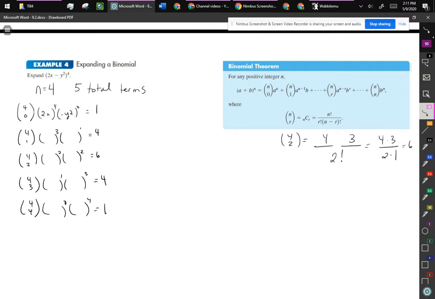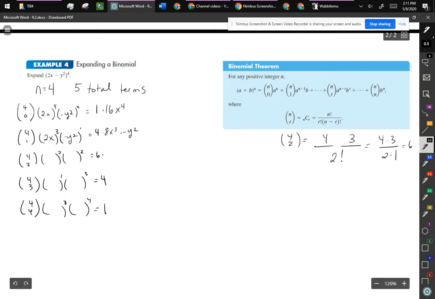So that's going to be 16x to the 4th. And then the next part is going to be 2x to the 3rd, so that's going to be 8x to the 3rd, times negative y squared.